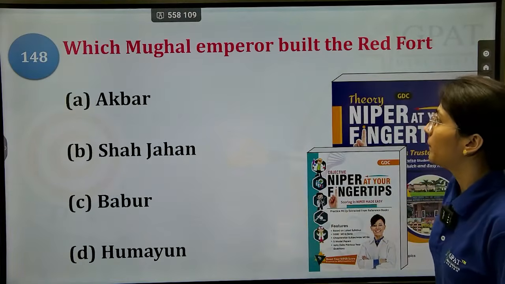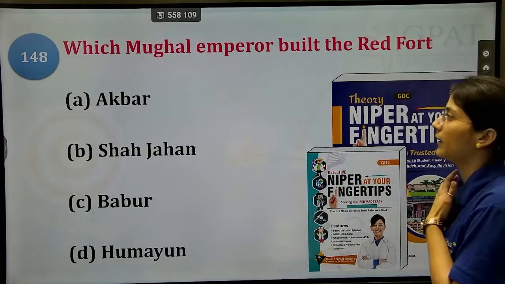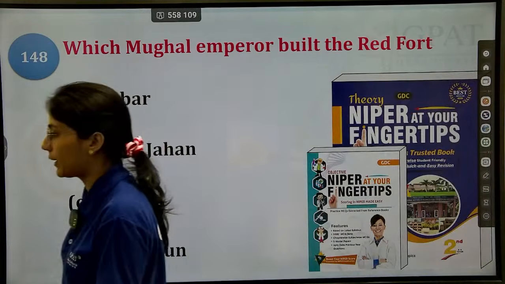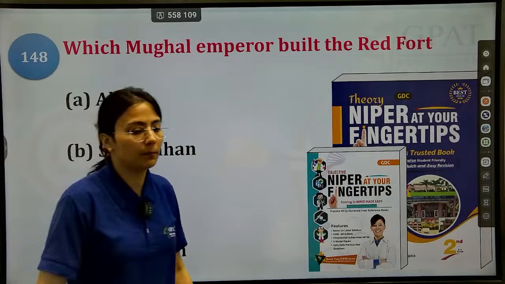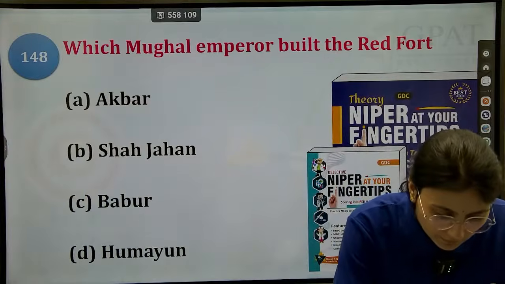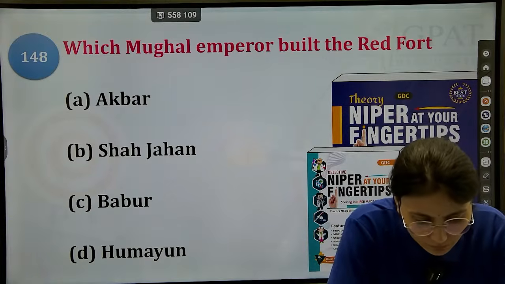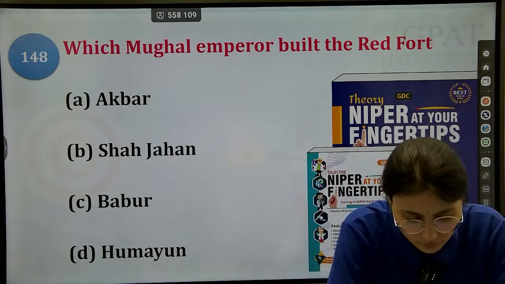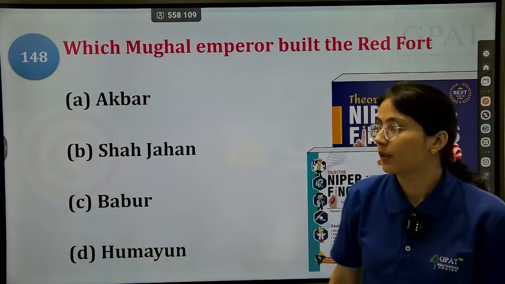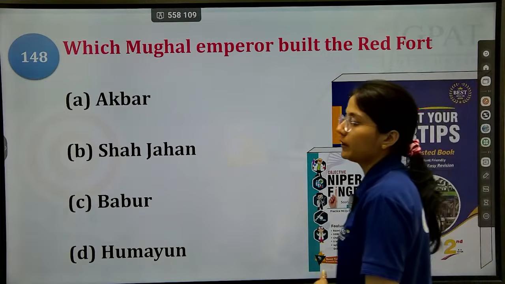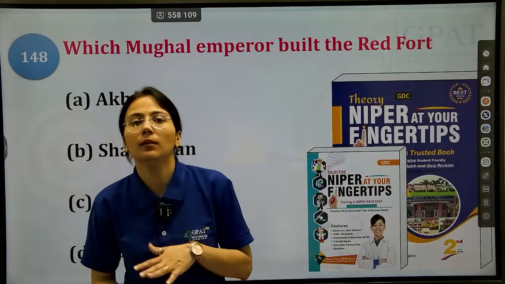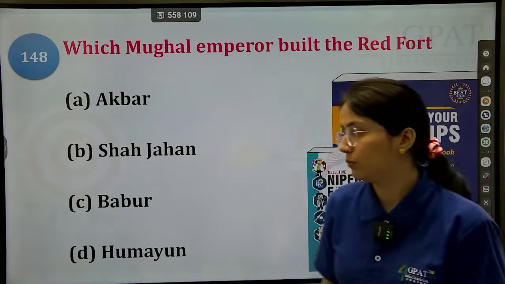Now, which Mughal emperor built the Red Fort? Akbar, Shahjahan, Babur, Humayun. Not hygrometer, Vasundhara. That is barometer. Now, which Mughal emperor built the Red Fort? Akbar, Shahjahan, Babur, Humayun.